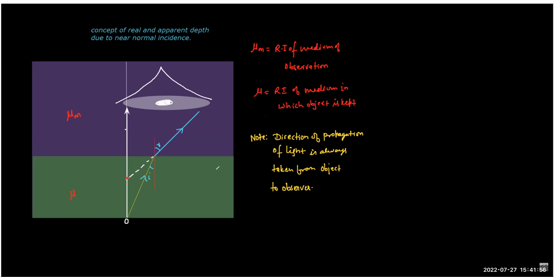You can see how you can retrace the path and this is the point of intersection. So this is called the apparent position of the object, or simply we can call it the image. So the image is nothing but the apparent position of the object. Okay. Understood.